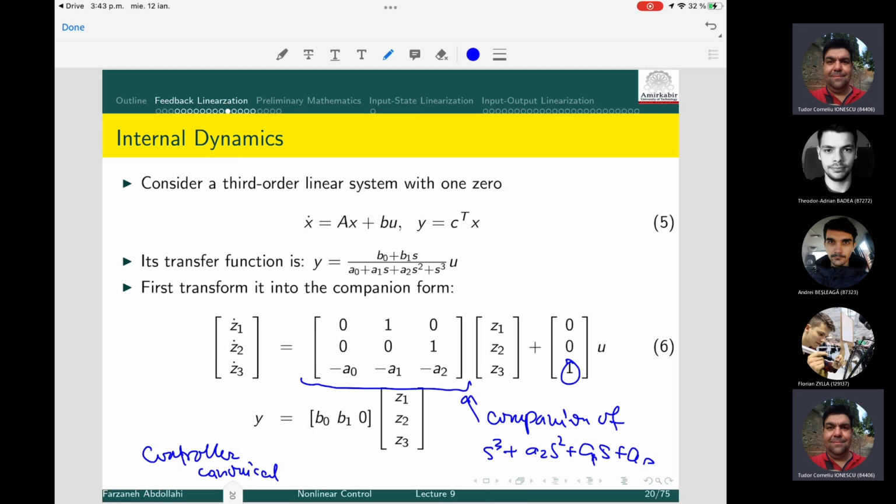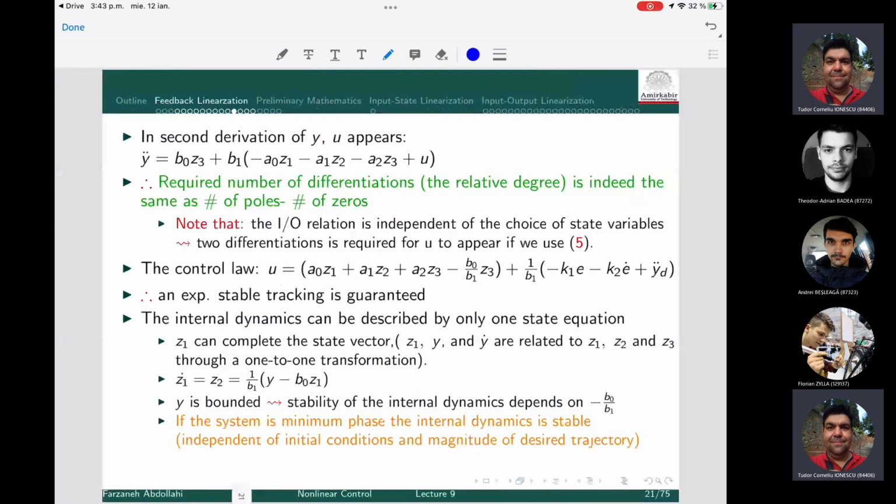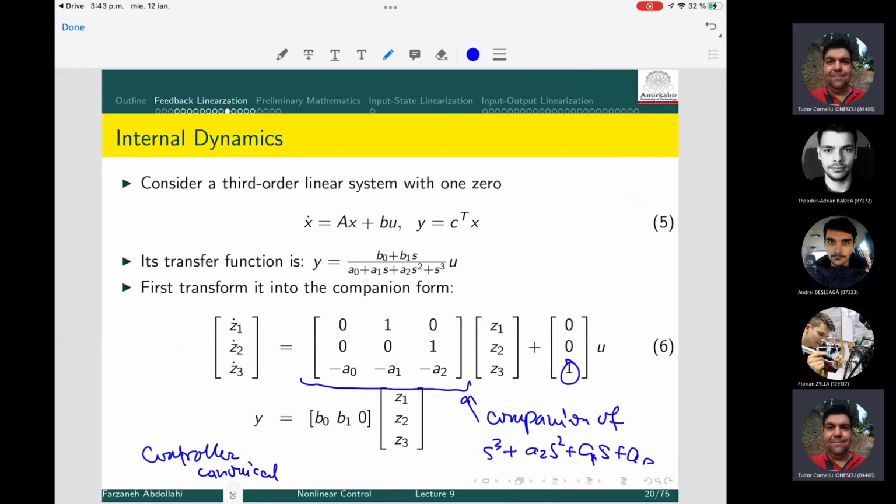You know this from the linear systems theory, or you can check this out. Okay. This is control canonical. So if you take the second derivative, because you see here that the pole zero excess, how should I put this? Excess, EX, okay?